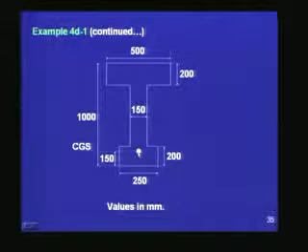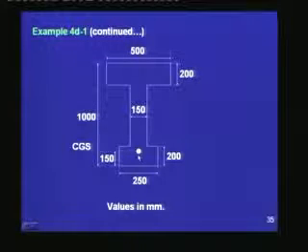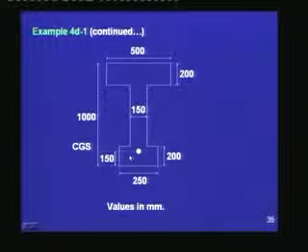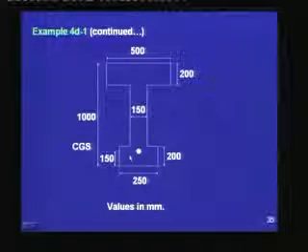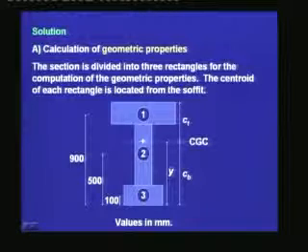The CGS is intended to be located at a distance of 150 from the soffit of the beam, and for this particular beam, we want to find out the limiting zone for placing the CGS throughout the span of the beam, and the span length is 18 meters.